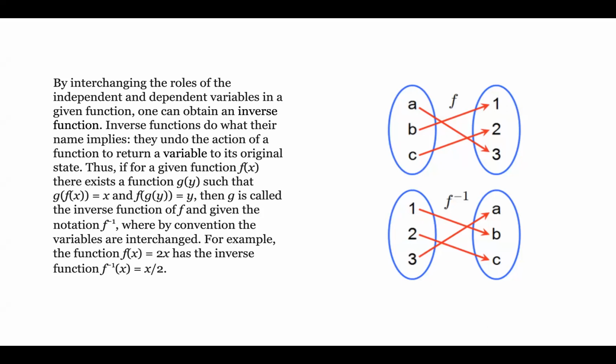Thus, if for a given function f of x, there exists a function g of y such that g of f of x is equal to x and f of g of y is equal to y, then g is called the inverse function of f and given the notation f inverse, where by convention the variables are interchanged.